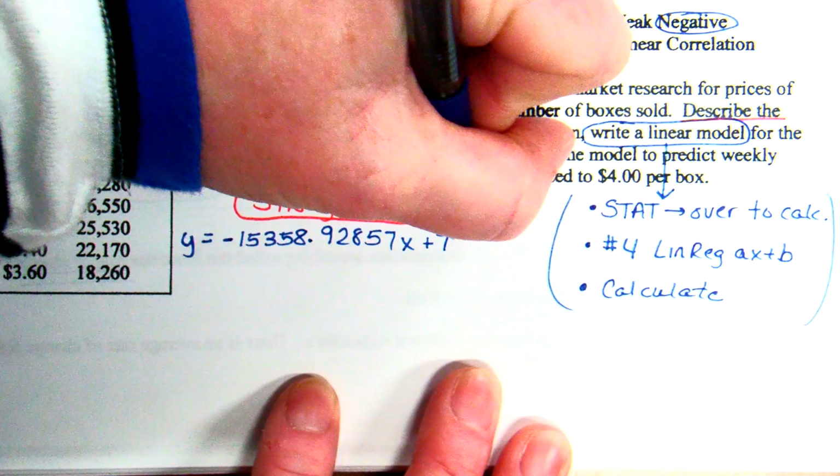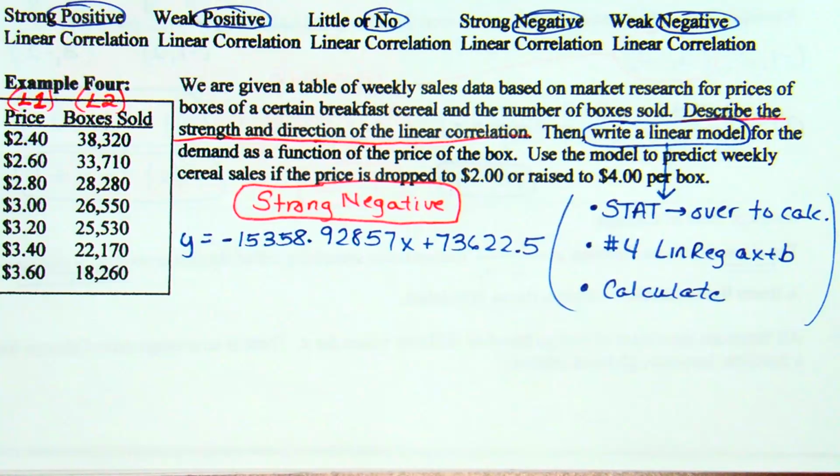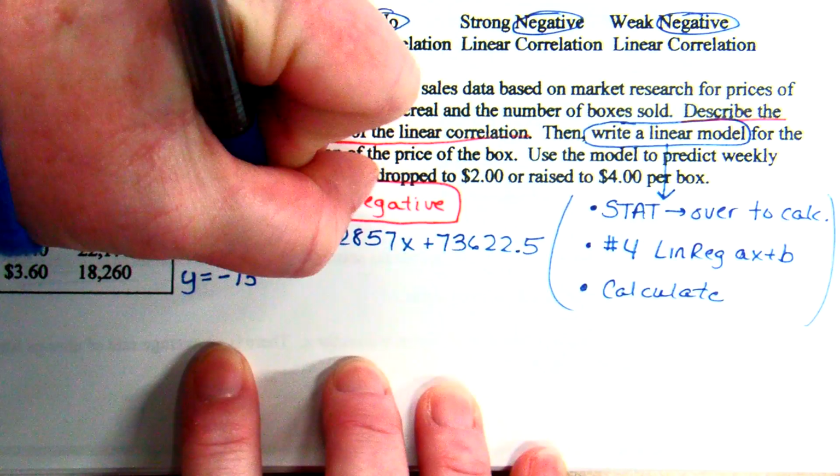We got one last part of this problem. Use the model to predict weekly cereal sales if the price dropped to $2 or raised to $4 per box. What do we need to do? You just plug those in for x. Okay, so one option is to plug them into x.